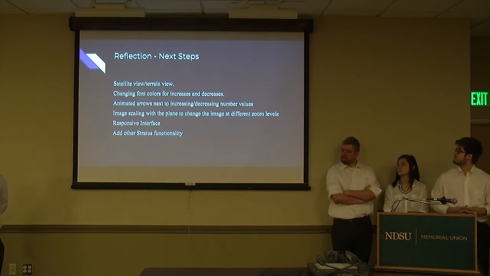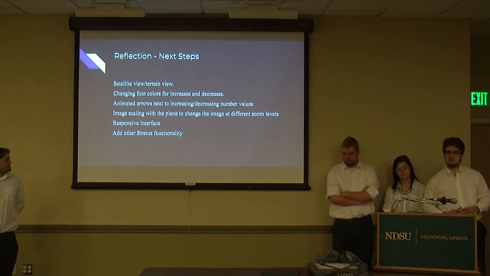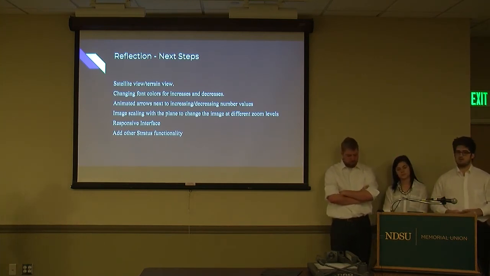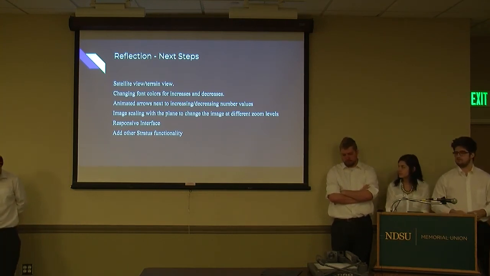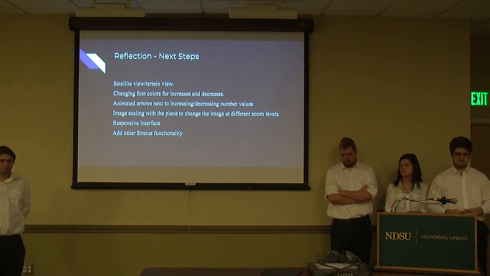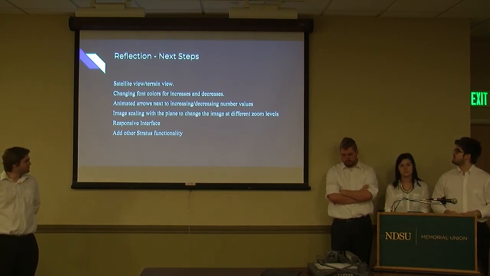So, next steps. These are just a list of suggestions that Apario may want to consider implementing as they take the project off of our hands. These are mostly stretch goals that we weren't able to implement because of time. The first is a satellite view and/or a terrain view.